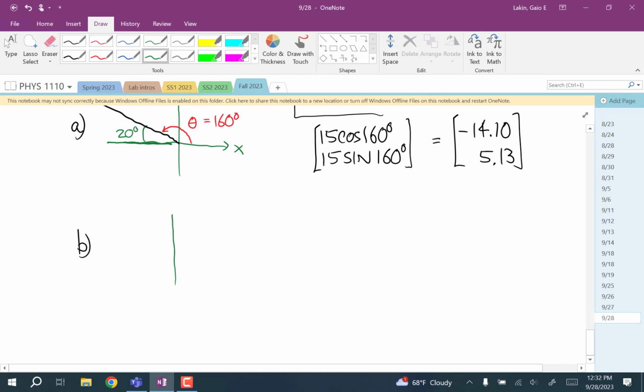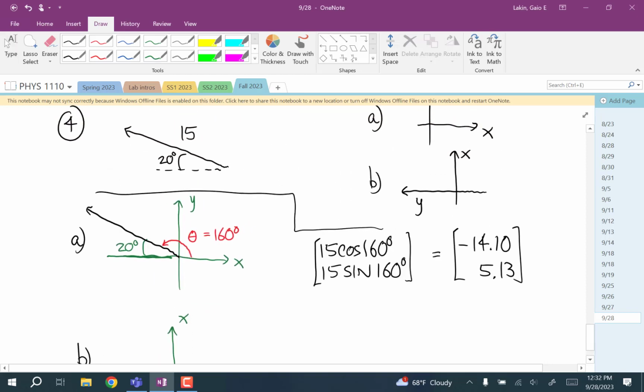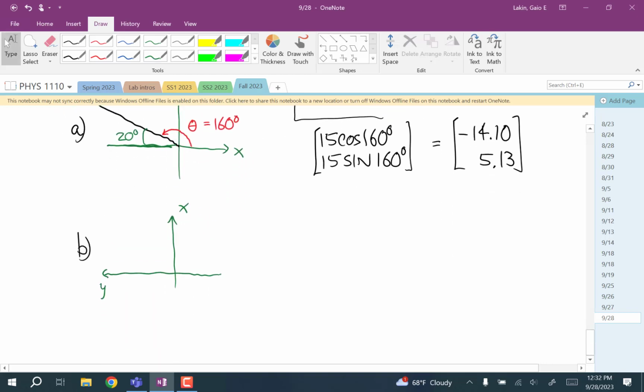So the coordinate system is like this. Just imagine picking that vector up and putting its tail at the origin. This angle is 20 degrees. And so the angle you want goes from the positive x-axis to the vector.